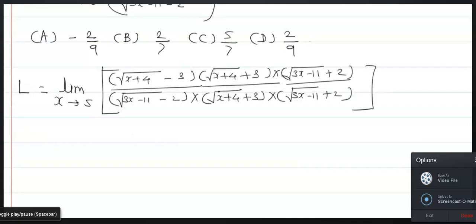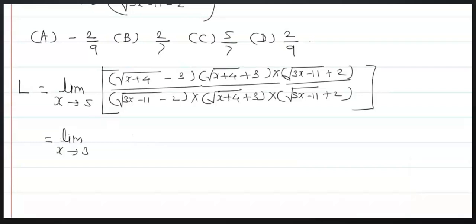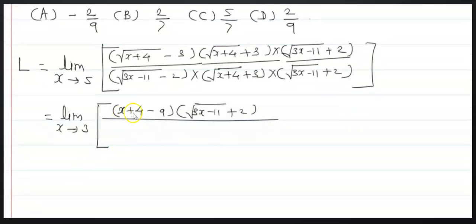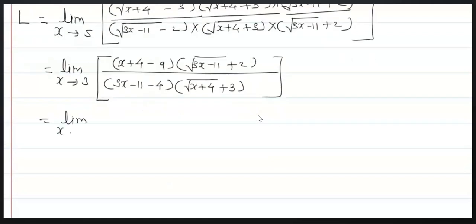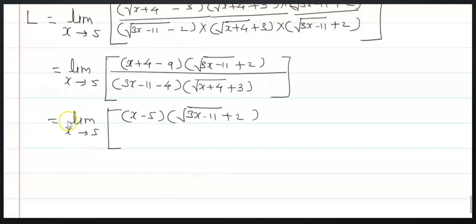Now see this here. Limit x tends to 5, x plus 4 minus 9 into root of 3x minus 11 plus 2. The denominator is also limit x tends to 5.